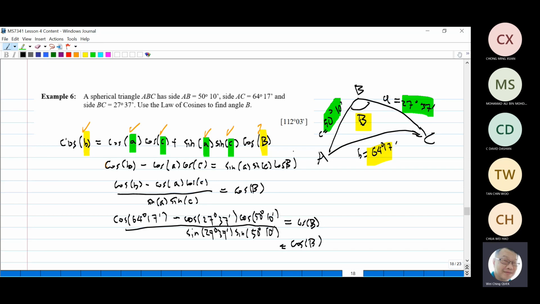Cosine of 64 degrees 17 minutes minus cosine 27 degrees 37 minutes times cosine 50 degrees 10 minutes, then divided by sine 27 degrees 37 minutes and sine 50 degrees 10 minutes. Okay, so again, minus 0.73754.